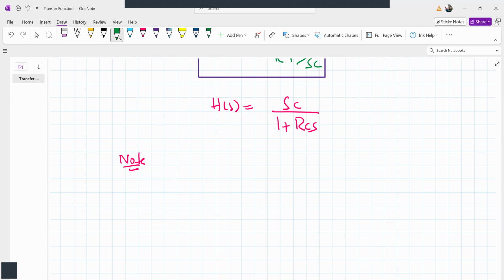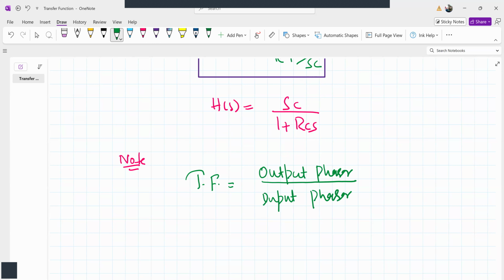Phasor domain is also referred to as Fourier transform domain. So the transfer function will be simply equal to output phasor, voltage or current depending, divided by input phasor, is the transfer function in phasor domain.